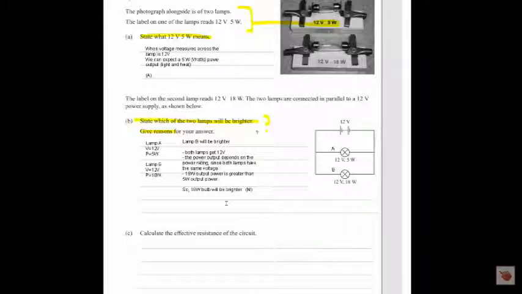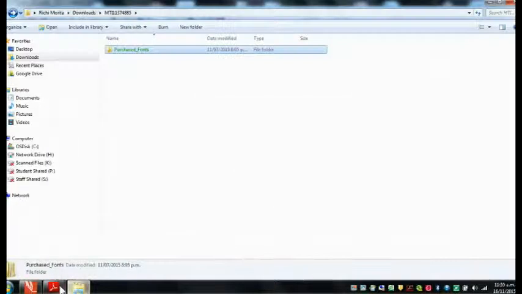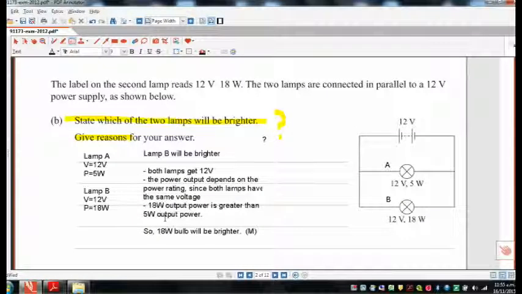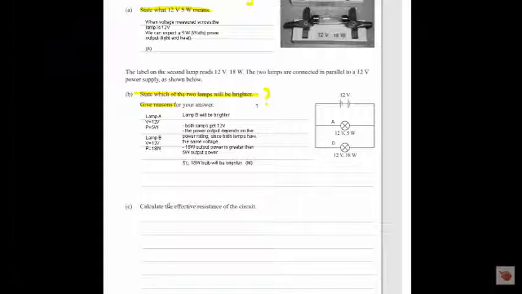Let's move on to answer this next question here, which goes to an excellence level. So we'll really take our time going through this one, and let's refer back to our strategy. So we're going to start off by giving ourselves a goal. That's going to happen by identifying the question. So let's get into this.